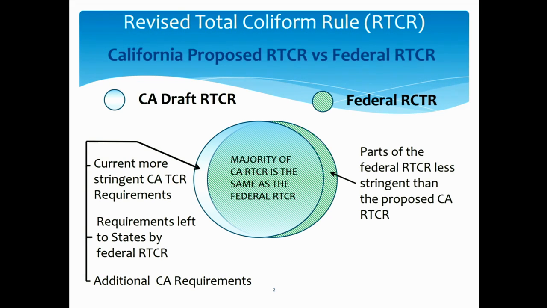So that's why there are things in the regulation that in the federal rule, like I said, it just says you have to do what the state says. California doesn't work like that. And then there's some additional requirements in the existing total coliform rule that we're just keeping.